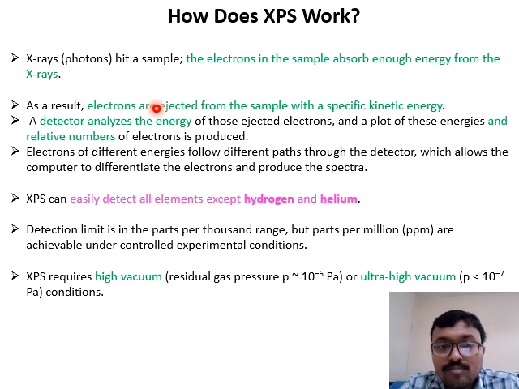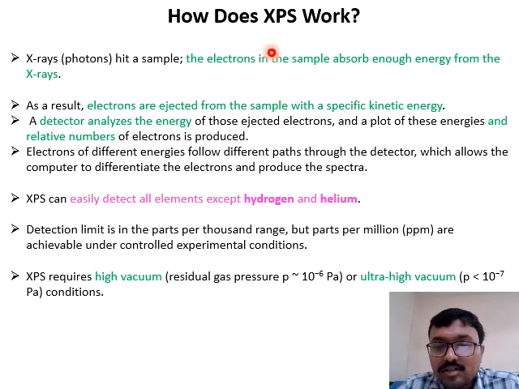If the energy is more, the extra energy gives the electron some kinetic energy. So electrons are emitted from the sample with specific kinetic energy. Then there will be one detector. That detector analyzes the energy of those ejected electrons and plots that energy against the relative number of electrons.